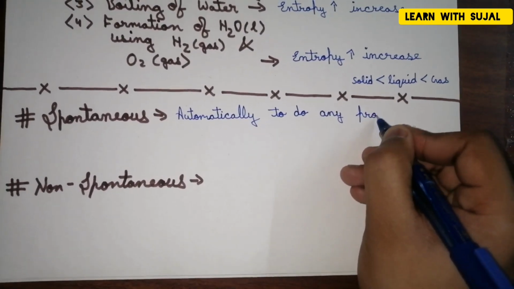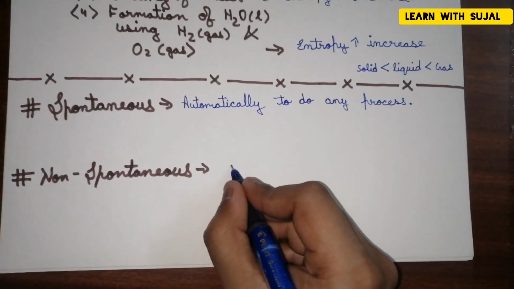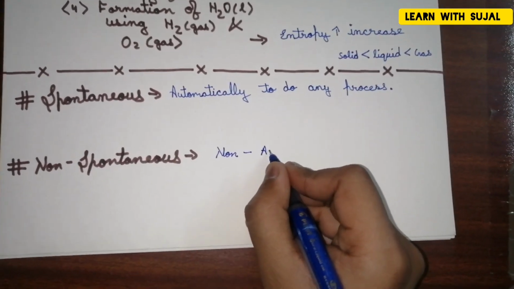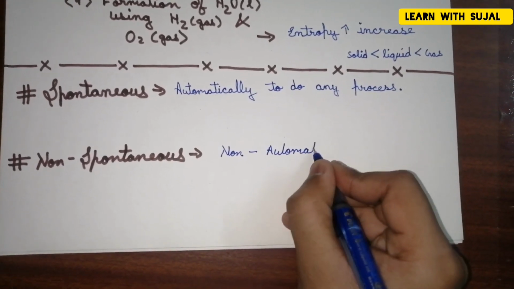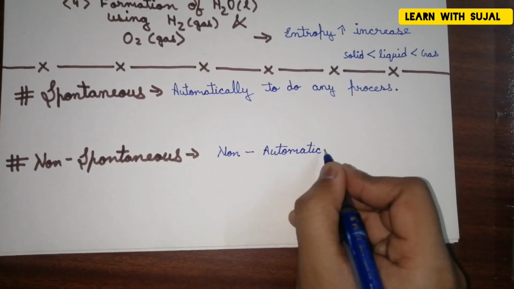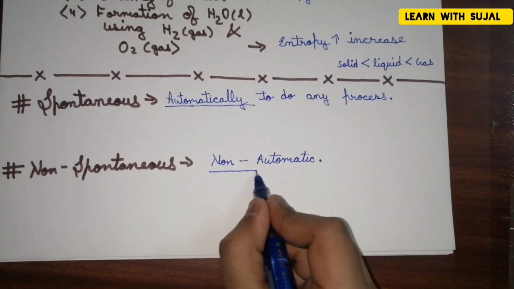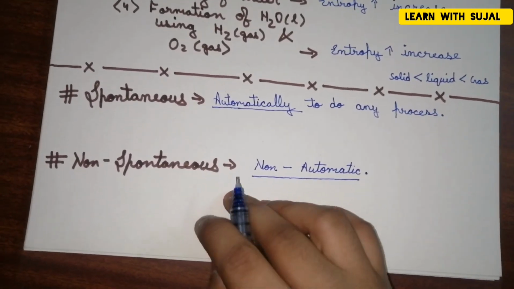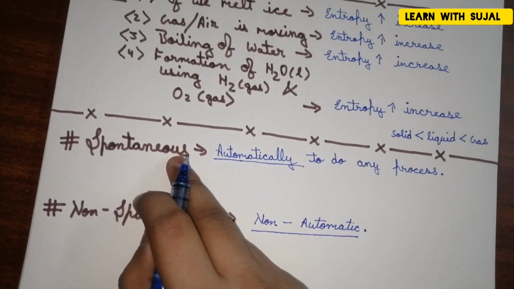And non-spontaneous is vice versa, it is non-automatic. These are the essential points for the Gibbs free energy topic, so we are discussing them before that. For a non-spontaneous thing we have to apply force, or do work, and a spontaneous thing happens automatically through the power of nature.